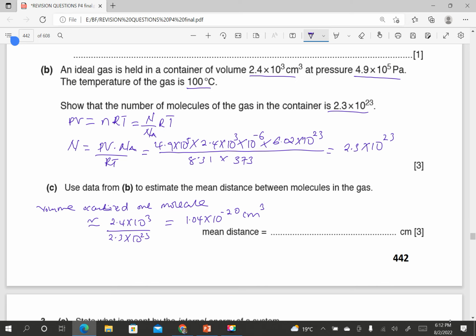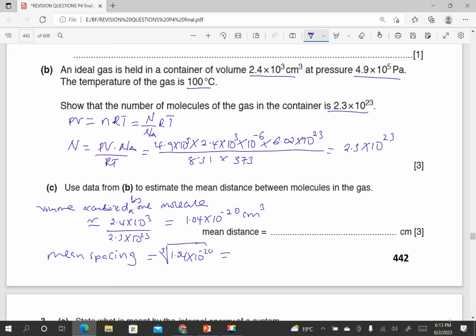But remember, the molecules move randomly in 3 dimensions. So if we want to find the mean spacing, this is the volume occupied by one molecule, in centimeters cubed. If I want the mean spacing, the interatomic spacing, I will find the cube root of this value. So the mean spacing is approximately the cube root of 1.04 times 10 power negative 20.